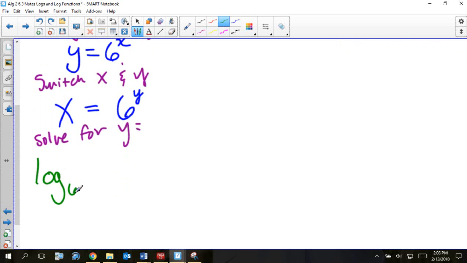Log base 6 of x equals log base 6 of 6 to the y. As long as I do it to both sides, I can do whatever I want. So I chose something that would cancel out the 6 and just give me y.